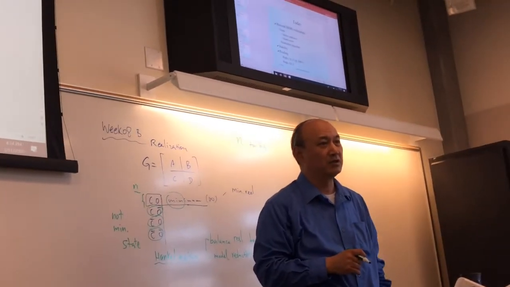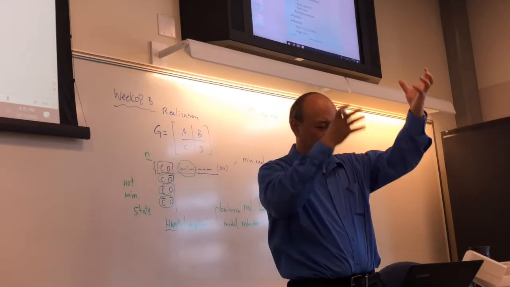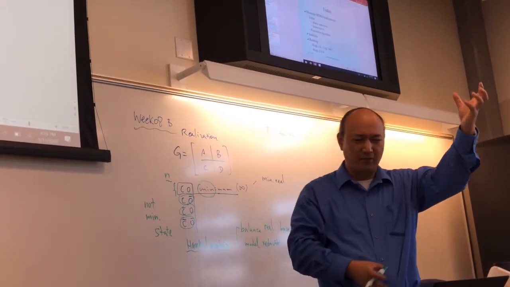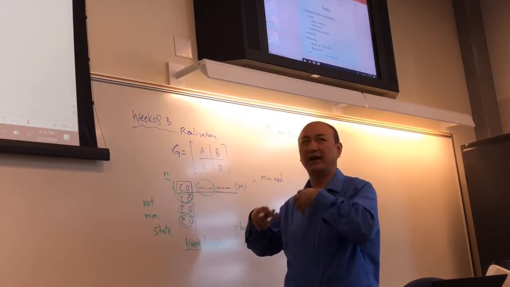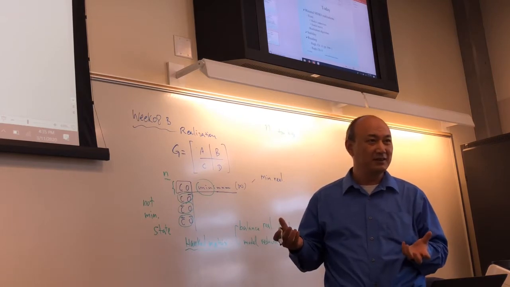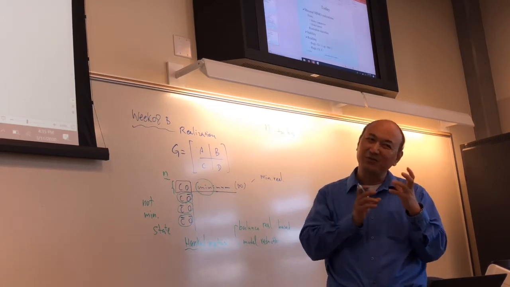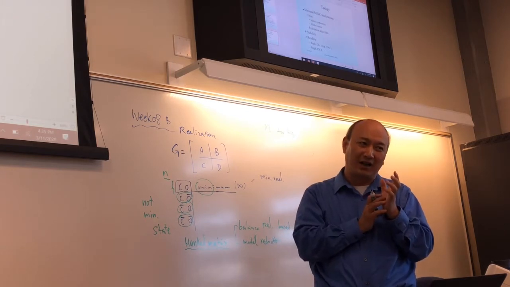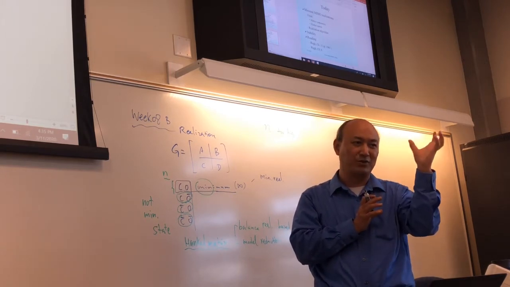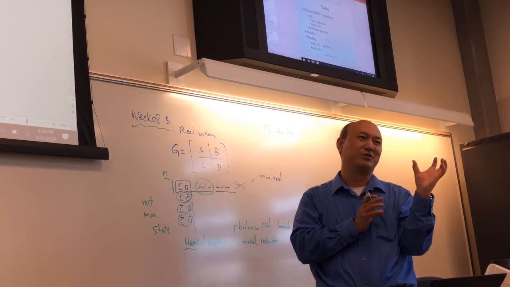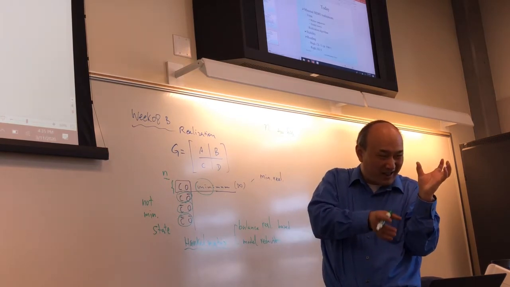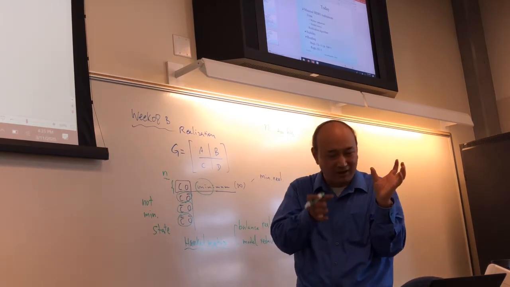Okay. So, assuming that for all the states, all of them are both controllable and observable. But there are some of them that are more controllable, more observable. Some of them are less observable, less controllable.